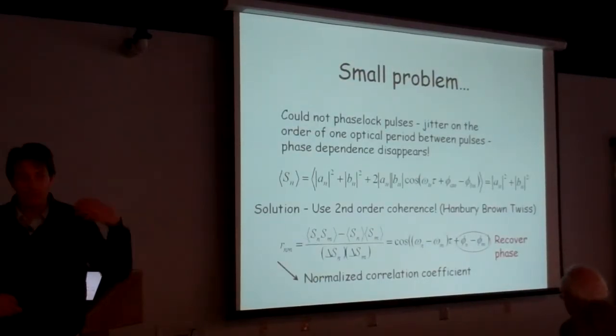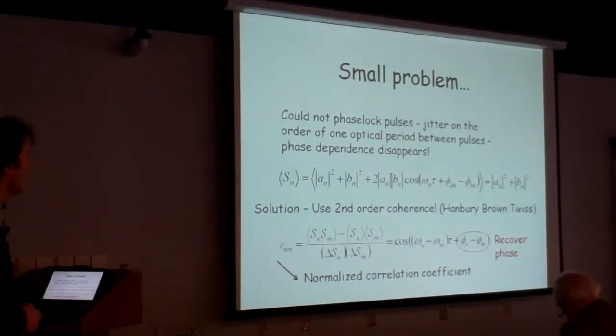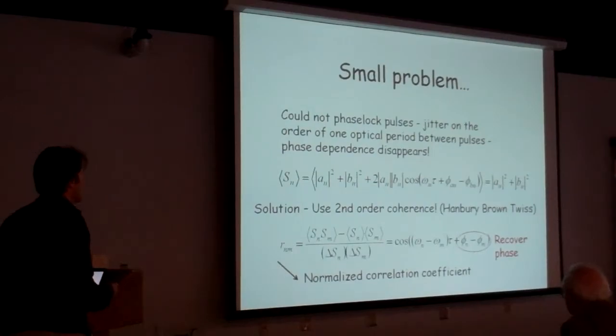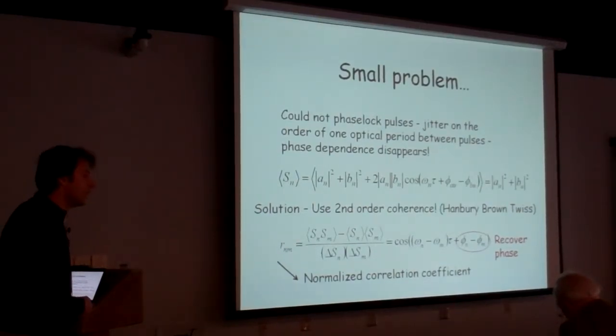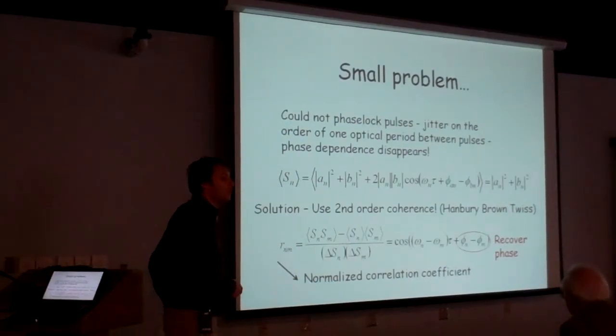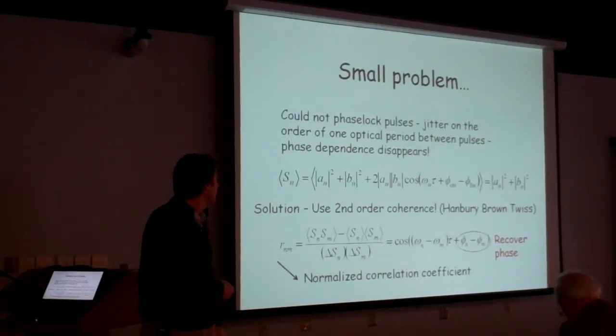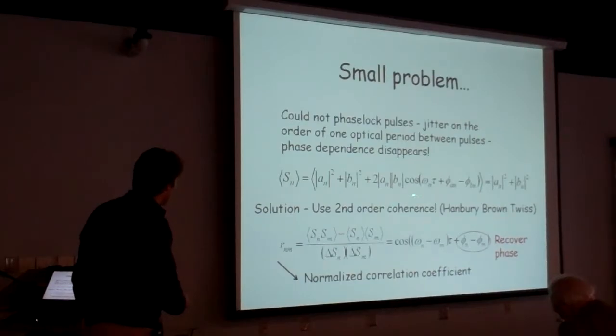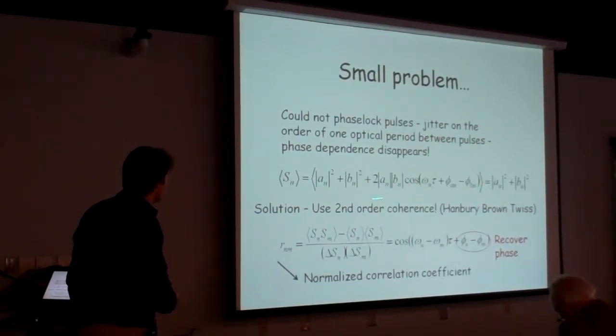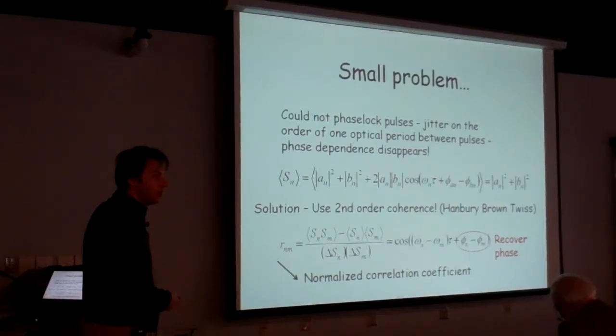In this particular experiment, there was a small problem, which is what led me to ask you and make the comments that I did yesterday, Lou, about the phase fluctuations. It turns out, for technical reasons, but this is a repeated theme, which is why I even measure this point, that if the timing between the two pulses is not perfectly defined down to a fraction of an optical period, then on average, over several measurements, the phase between the two wave functions will completely average out to 0.